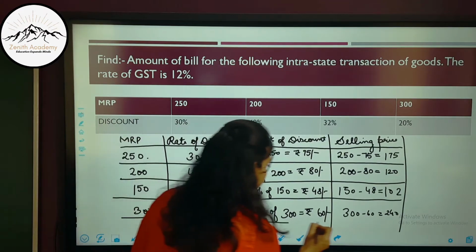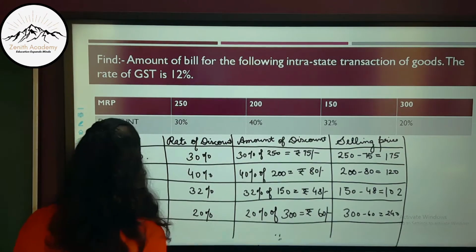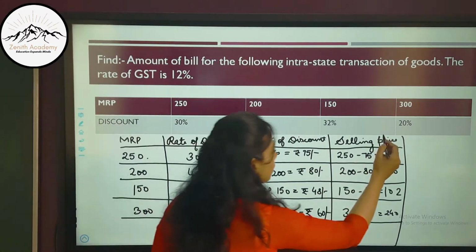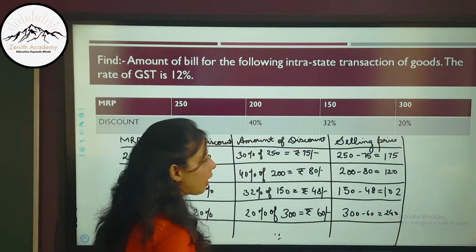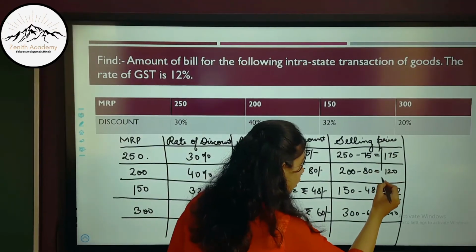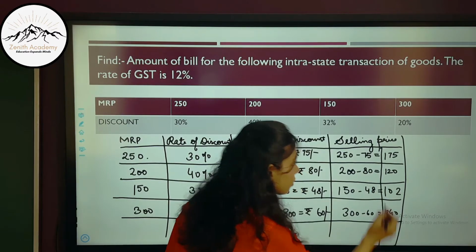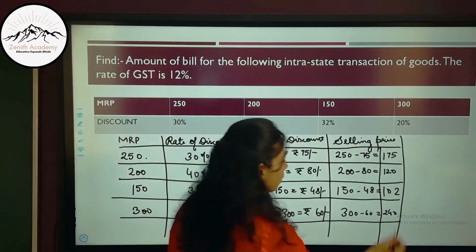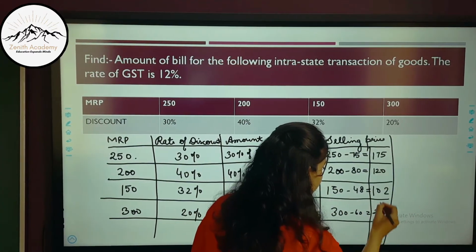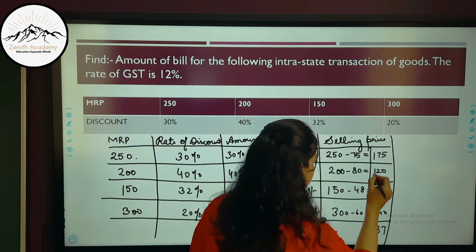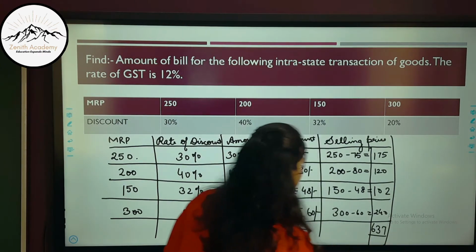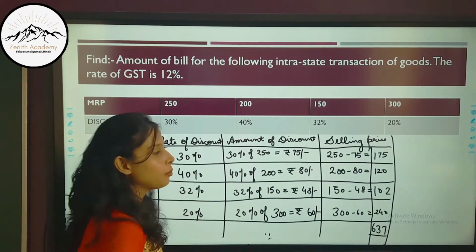So what will be the total selling price we have. Let's total it. This is our total selling price.